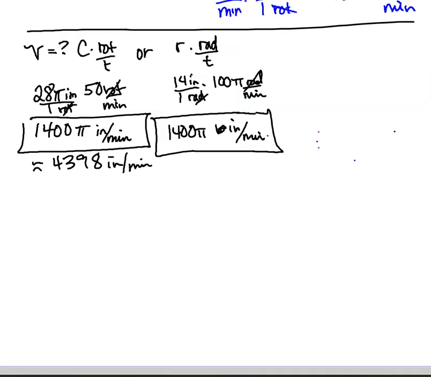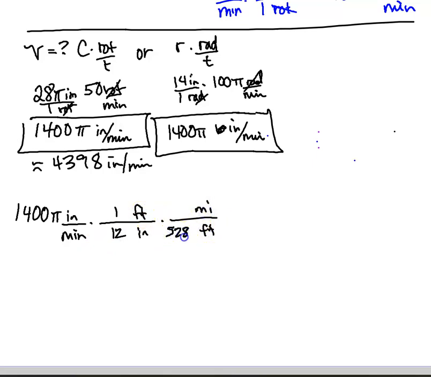So I'm going to start with the 1400 pi inches per min, and I'm going to do it one at a time. Let's start with inches. First, I need to convert from inches to feet. So most of you know, I think, 1 foot for every 12 inches. But then I have to go from feet. Notice I'm always canceling. So feet on the bottom to miles. And it's 5,280, if you didn't know, per 1 mile.